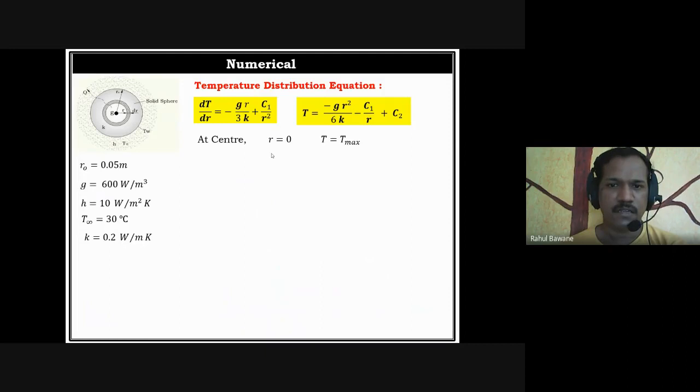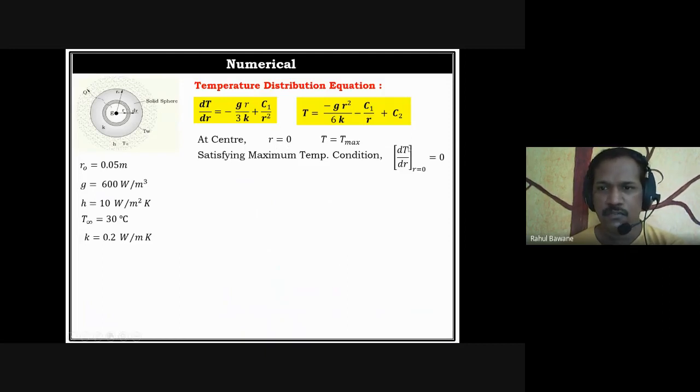When the temperature is T max, it satisfies the maximum temperature condition, which is nothing but dT/dr equal to 0 at r equals 0.